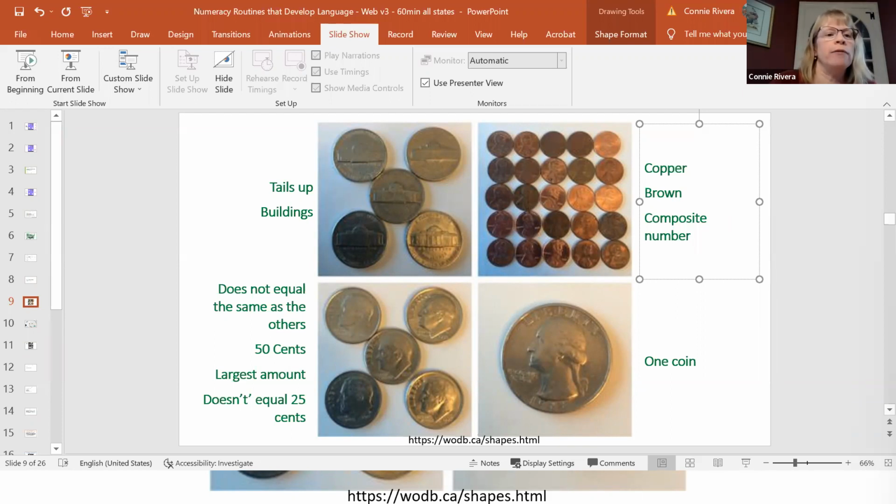So some people have used color. Some people have used the arrangement, like this is an array. And then others are set up as an array. That Lincoln is facing the other way.